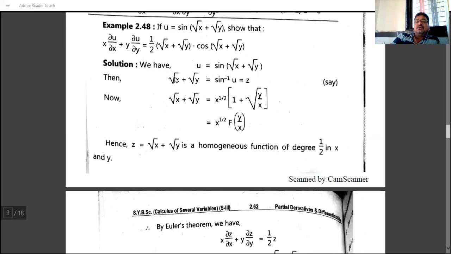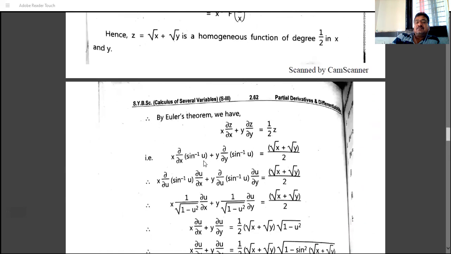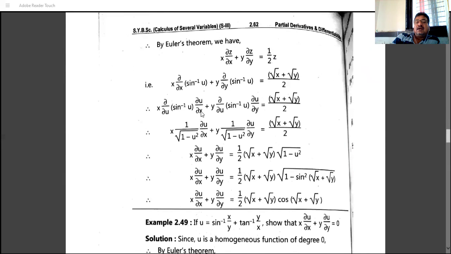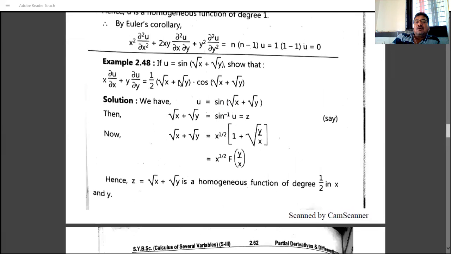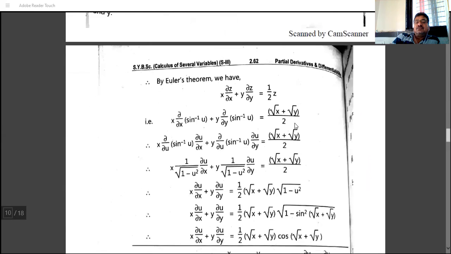This value is useful to determine the degree of the function, and this is useful in the next proof. Observe what is to be proved, and then substitute z in this place as sine u, and in this place as root x plus root y.